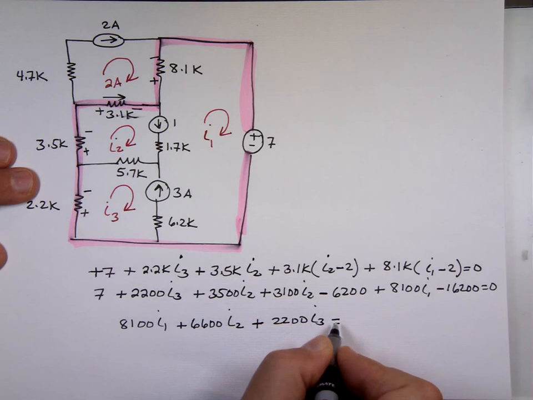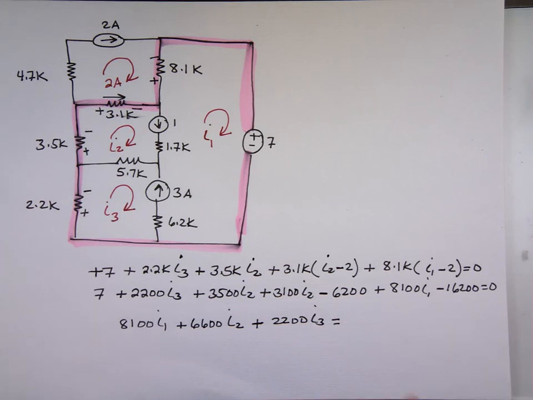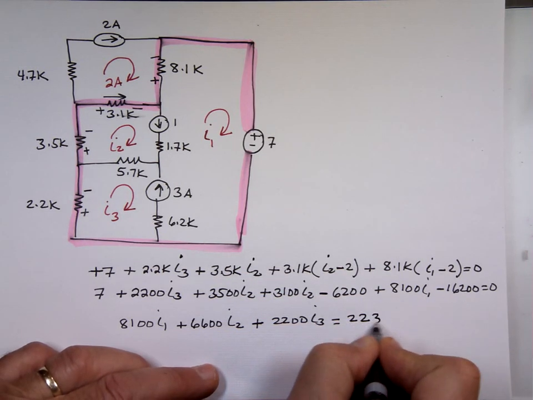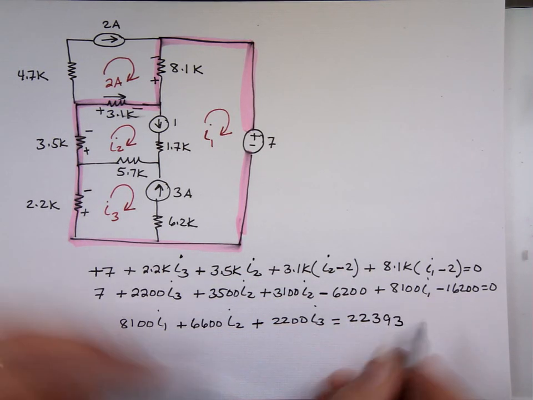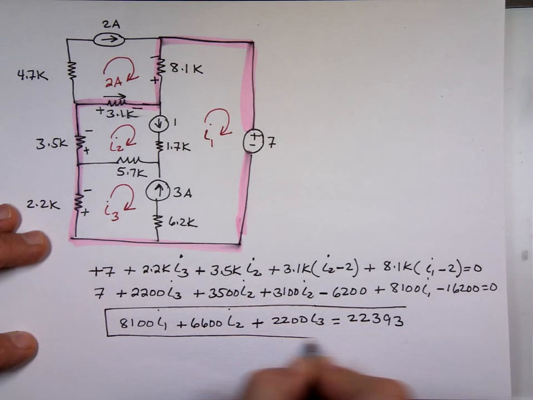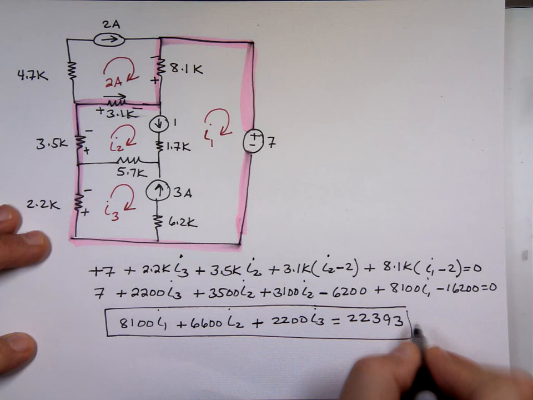And let's add these numbers. I'll go to my calculator, it's too early to start thinking about them. 16,200 plus 6,200 minus the 7 when I move everything to the right side is 22,393. That's equation 1, EQ1.